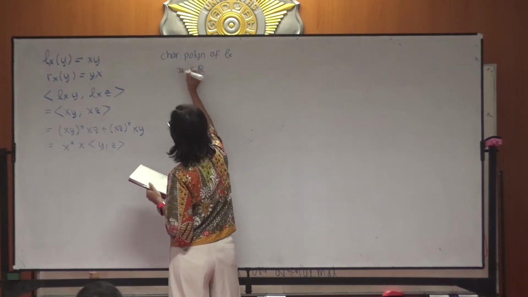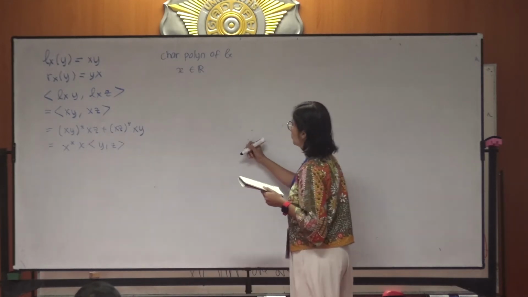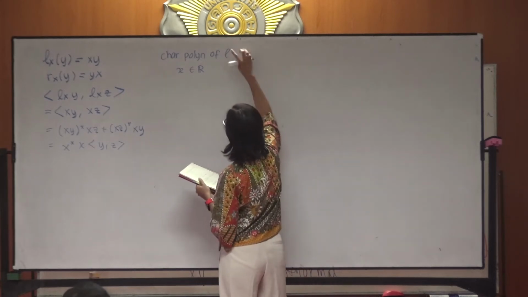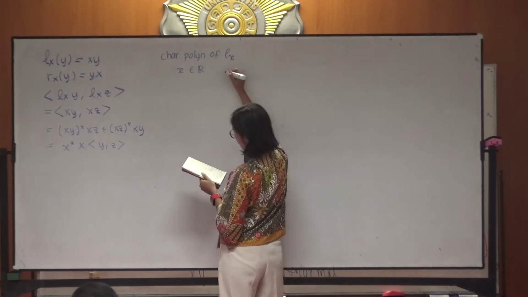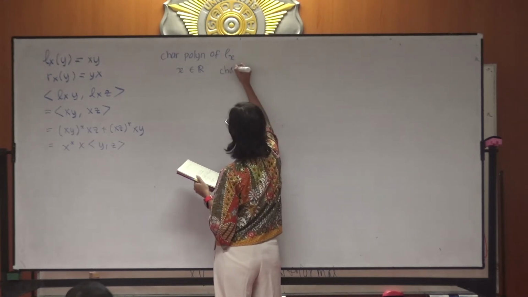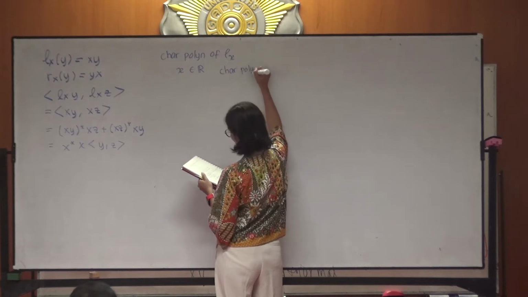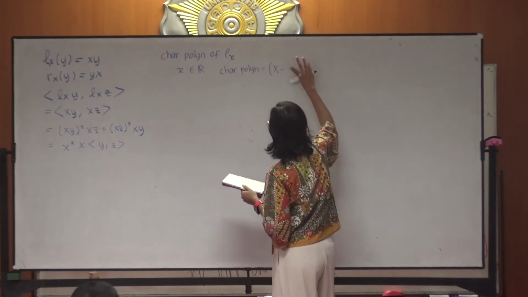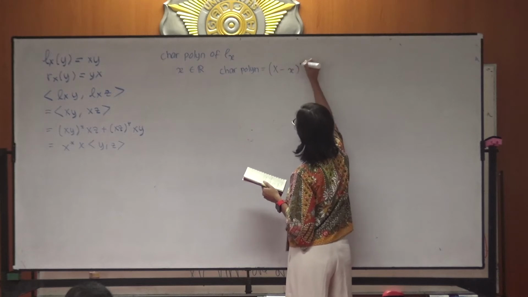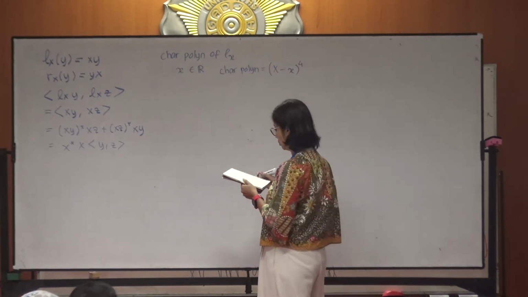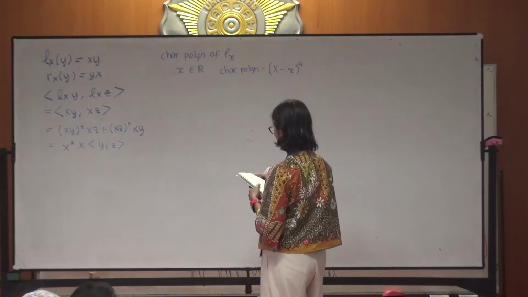So the characteristic polynomial of L_x, for x in R, will be (X minus x) to the power 4, because this is a 2 by 2 matrix over H.